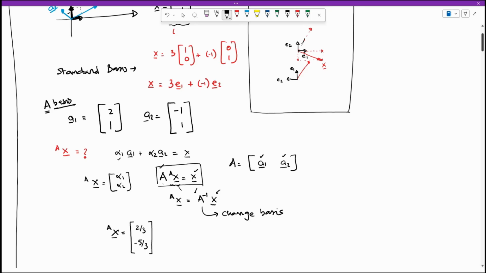Okay, all right. Now, if we agree to only work in the A basis, and I give you a vector whose components are 2 by 3 and minus 5 by 3, how will you find out where that vector is? What do you do?